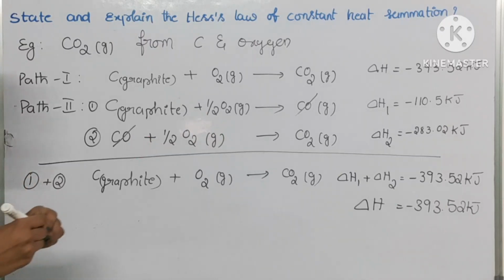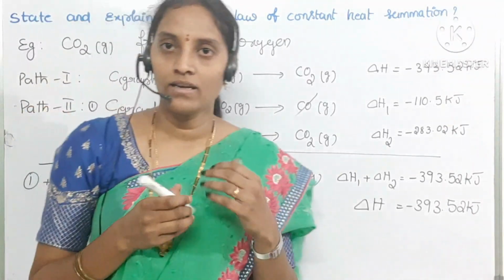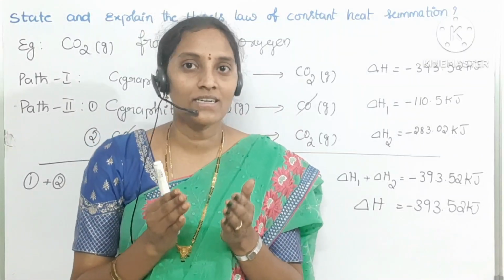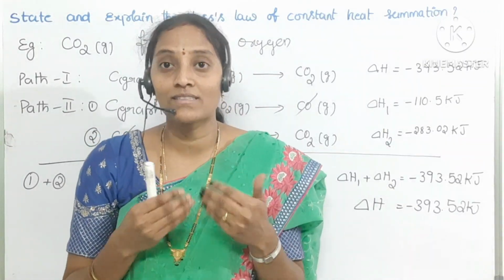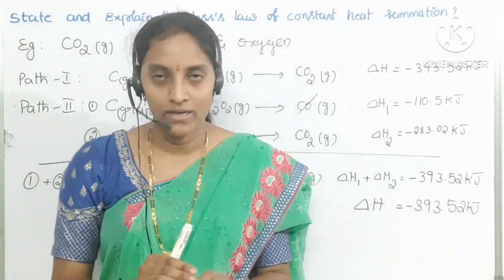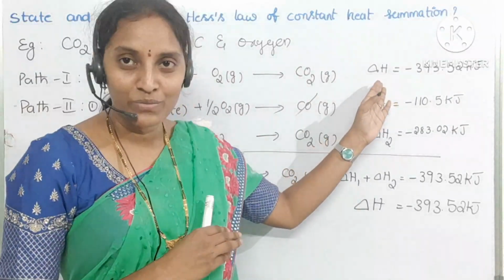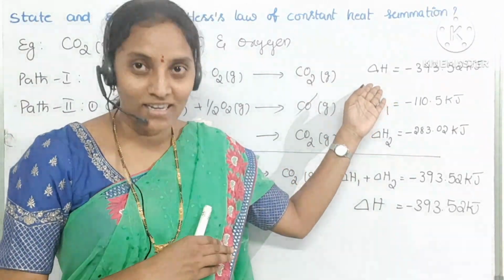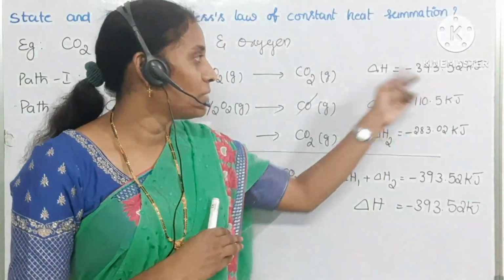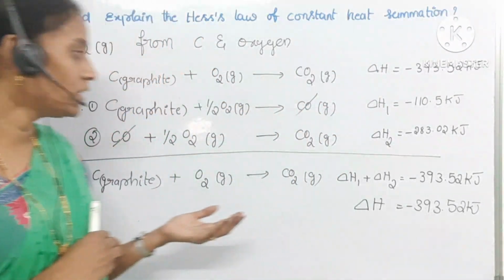What does Hess law tell us? The heat energy change in a chemical reaction is equal, whether the reaction takes place in a single step or in several steps. Here in path 1, the enthalpy change delta H is minus 393.52 kilojoule.